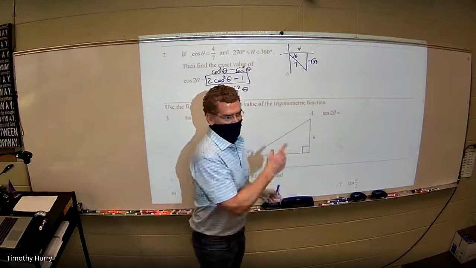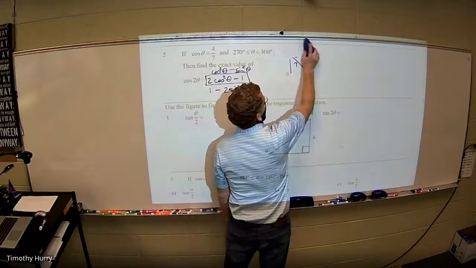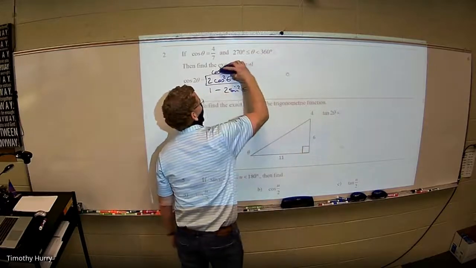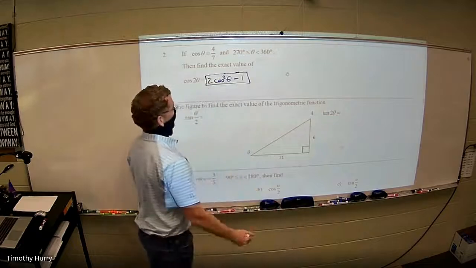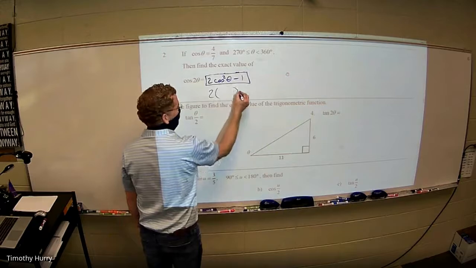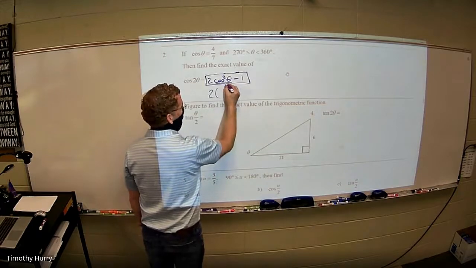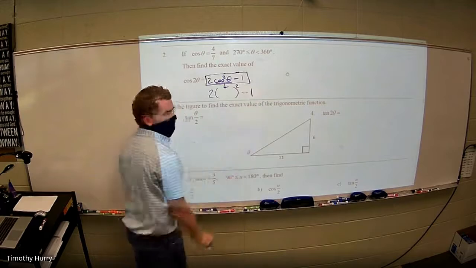Now, I already found this triangle, and I found the root 33 doing Pythagorean theorem. But if I was on my game and noticed that and really knew my identities, I would go, oh, I already know the cosine of the angle. So I'm going to find the cosine of the angle, put it in here, square it, and subtract 1.